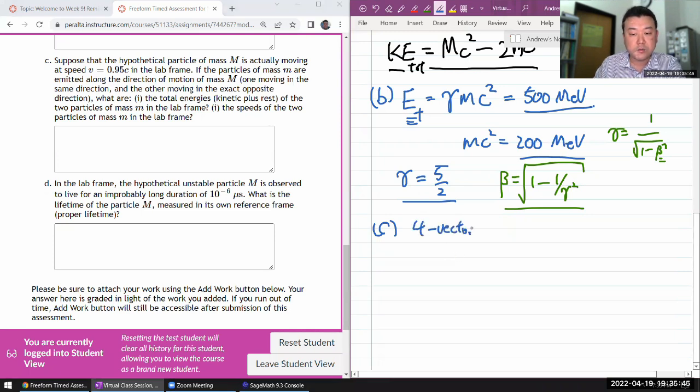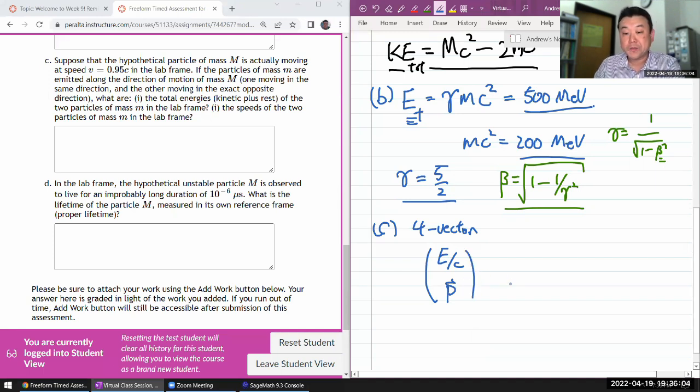It's an energy-momentum four vector with energy divided by c in the time component of the four vector, like the space-time coordinates, and the momentum forms the spatial three dimensions of that four vector.